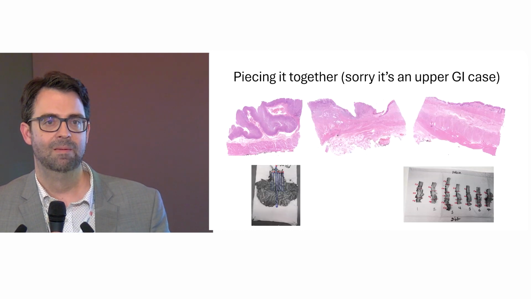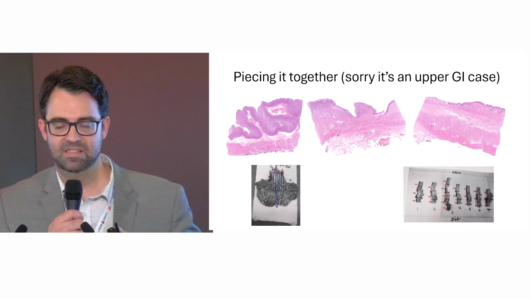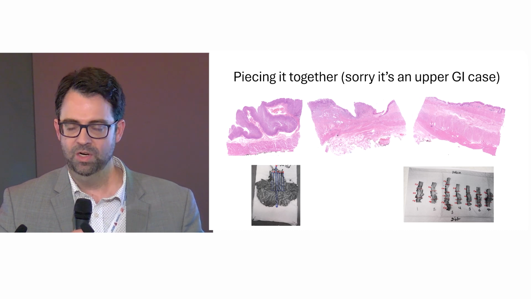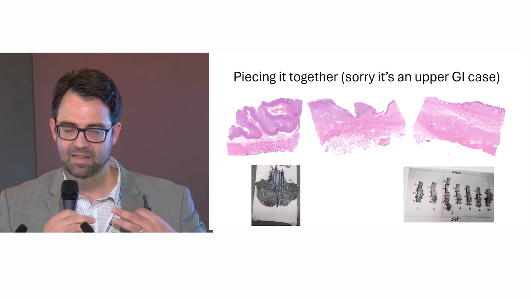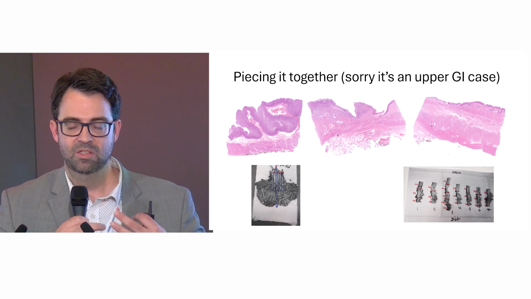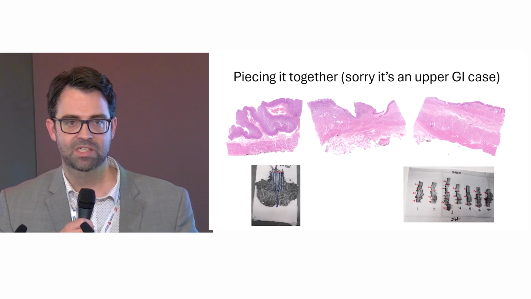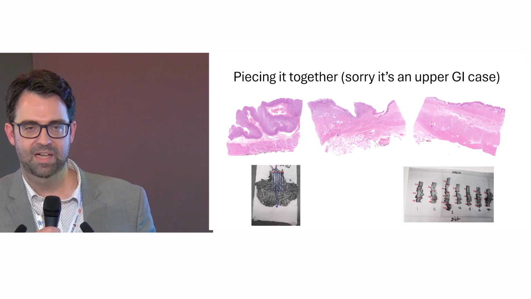Another aspect too is the tumor bed is a complex three-dimensional structure, and piecing it together, going from a three-dimensional tumor bed to 2D pictures that are cut up in different microscope sizes, can be challenging to measure. So this is just an example of a case that I had, an upper GI case.